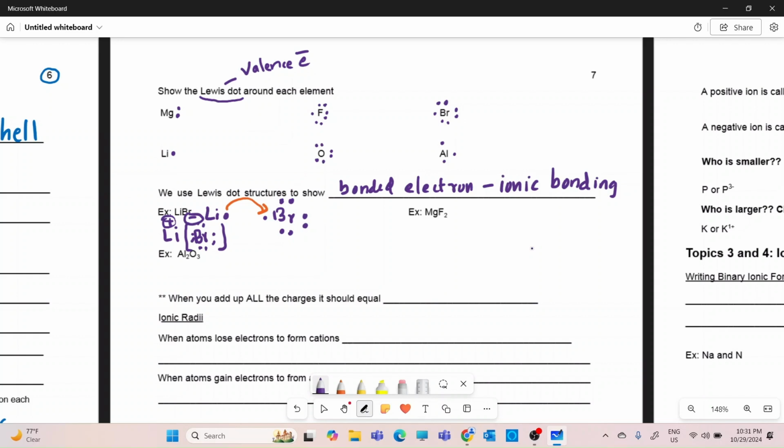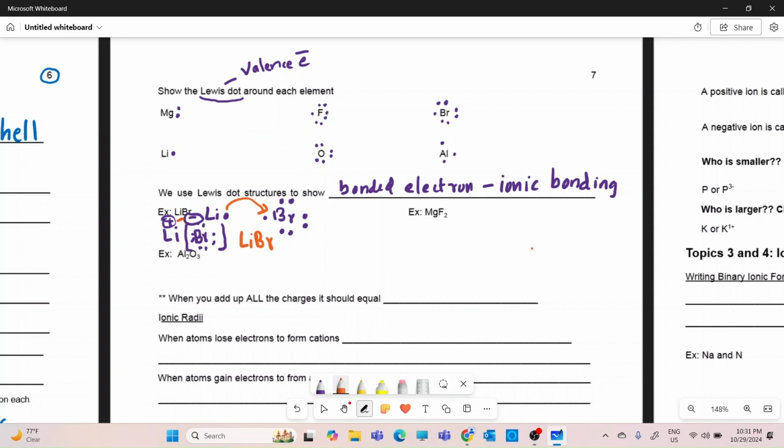Now they are like a family. Whenever there is a positive charge and a negative charge, there is a Coulombic force of attraction that will hold them together. That attractive force makes them stay together like a single compound, and that attractive force is called an ionic bond.